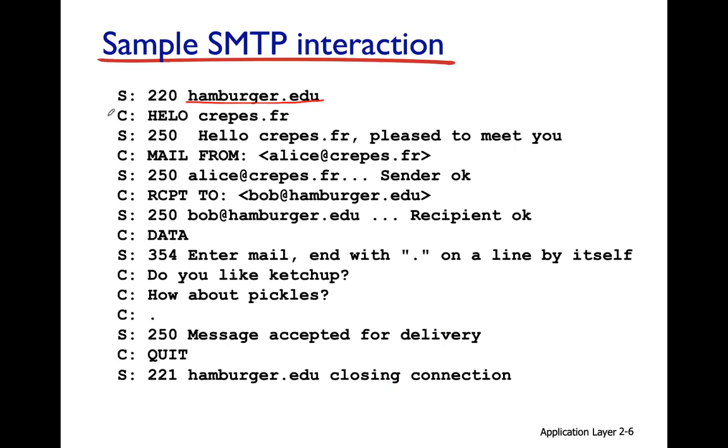So this is the sender, the sending server. This is a little bit of a headache for S and C. So S is the receiver, the receiver server, and C is the sender. Okay, so make sure of that.